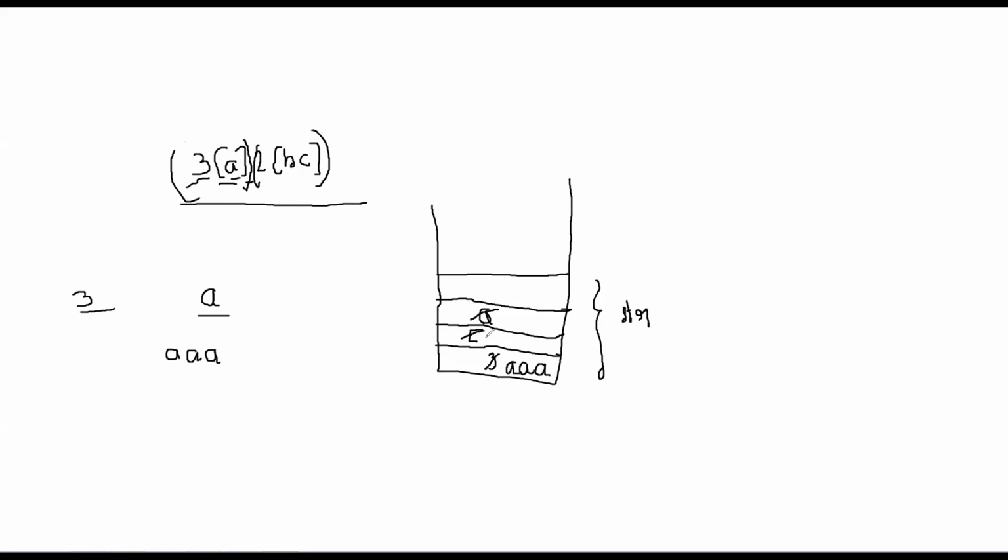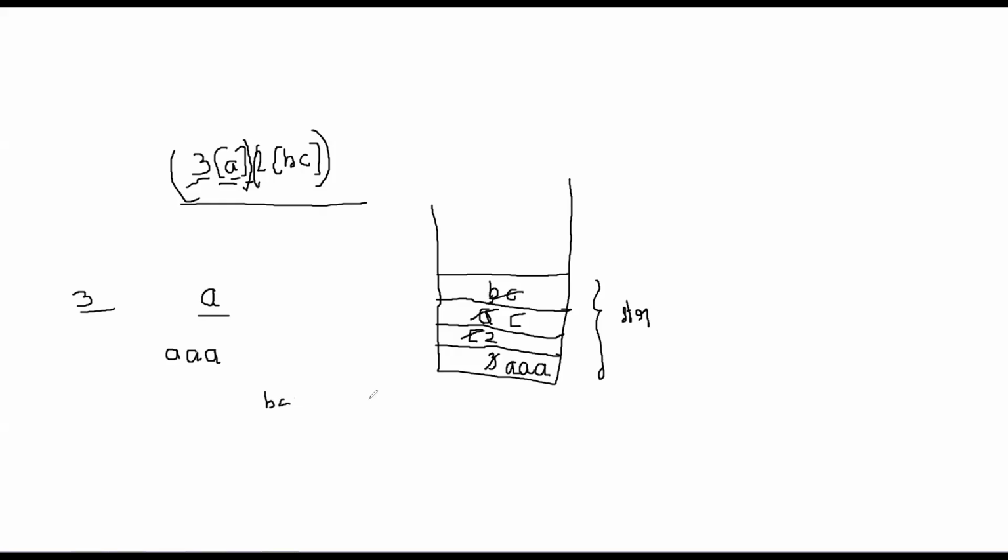Then from 2 again, once I get 2, I'll append 2, then again an opening bracket, then BC. Now I got a closing bracket, so I'll pop out BC and store it.